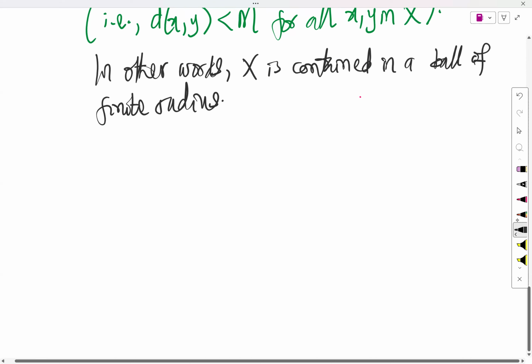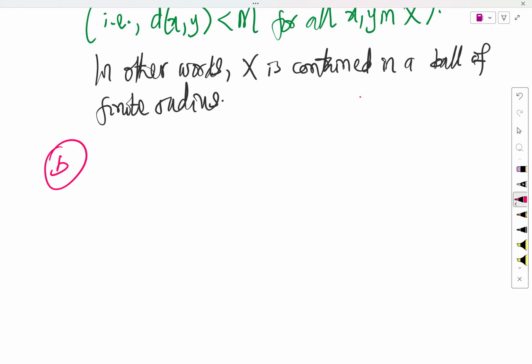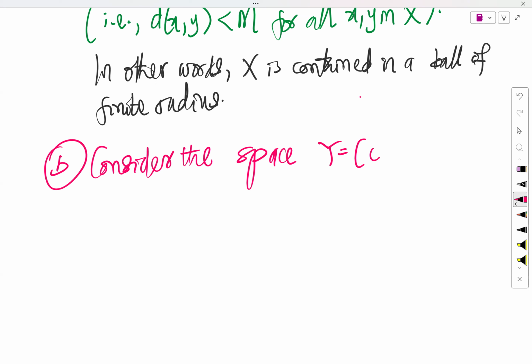So the second part of the question, which is B. Consider the space Y equals (0, 1]. This is a half open, half closed space: 0 is not part of it, but 1 is, because it's open below, excluding 0, but closed above, containing 1.